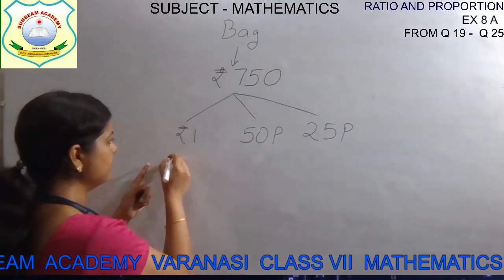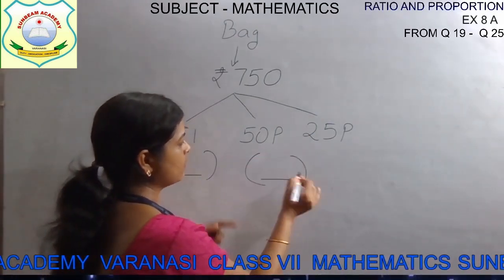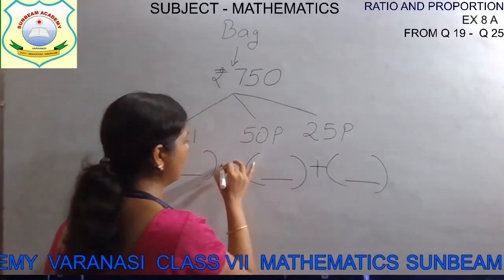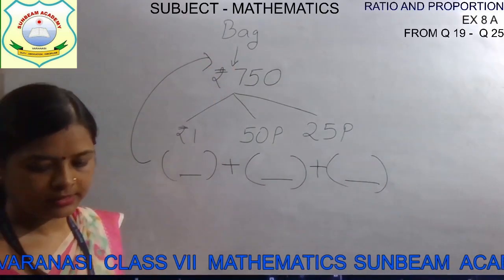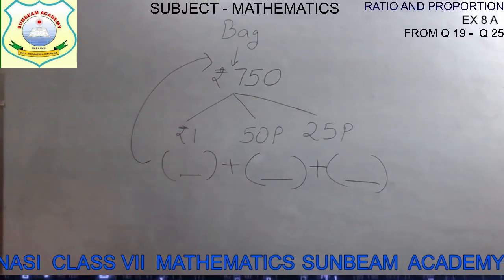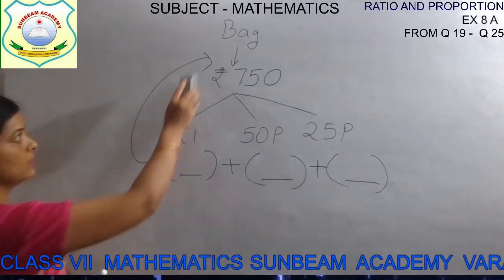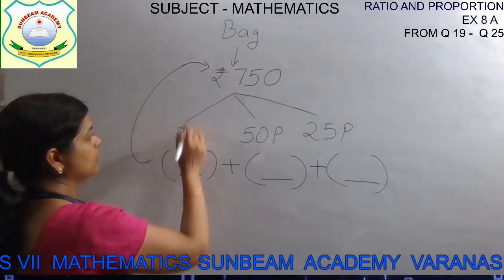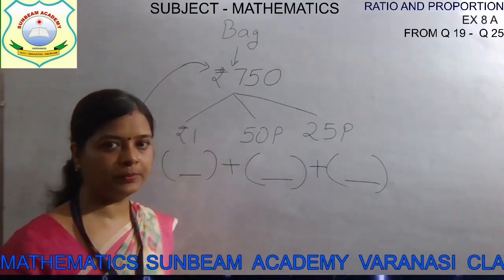So there will be some 1 rupee coin, there will be some 50 paisa coin, and there will be some 25 paisa coin. When you will add all the three, you will get 750. Let me take my duster children and let's see it quickly. Now if you will combine all these three different types of coin, you will have 750 rupees in total.